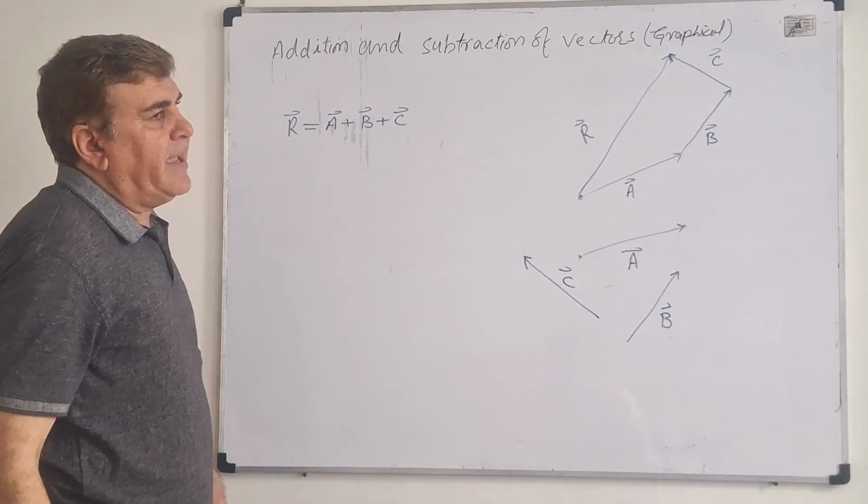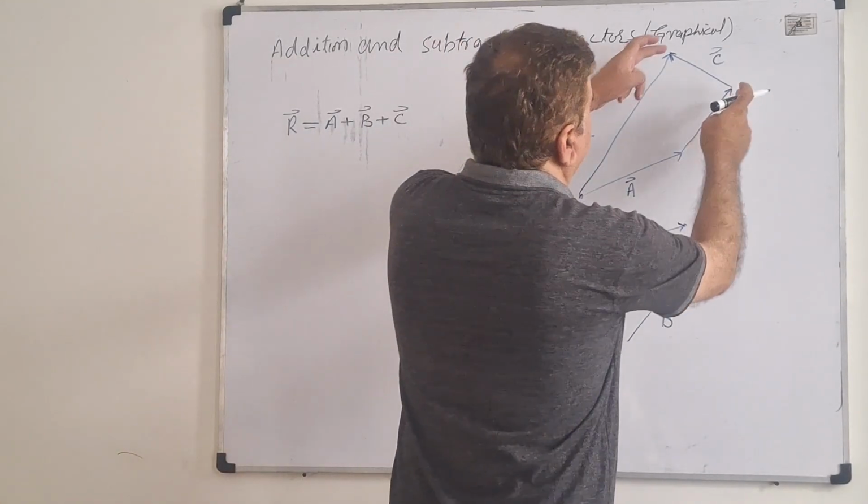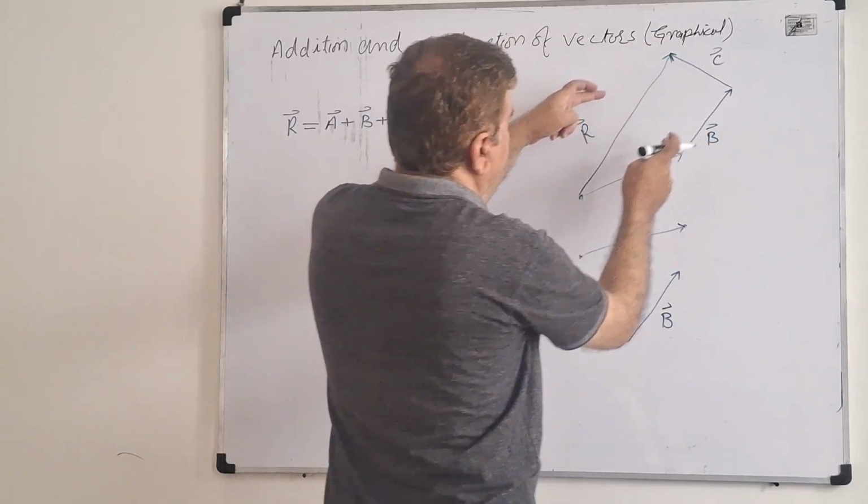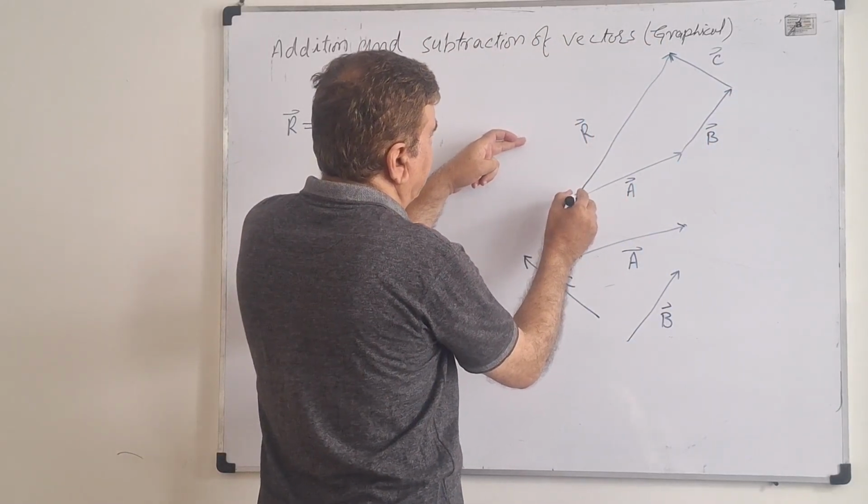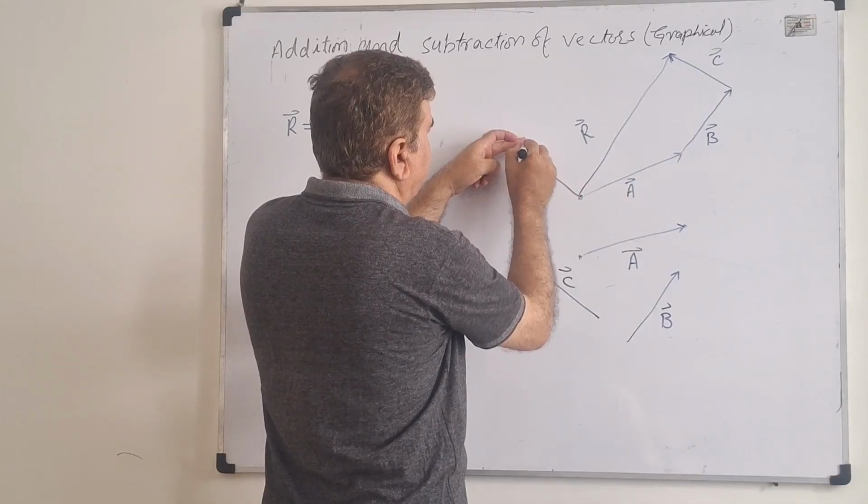Remember, it doesn't make any difference if I start, let's say, from vector C. If I start from vector C, I would have a vector like this, and then a vector like this.